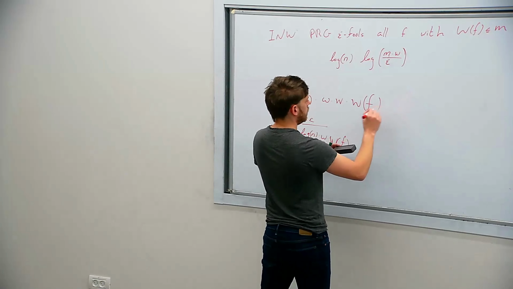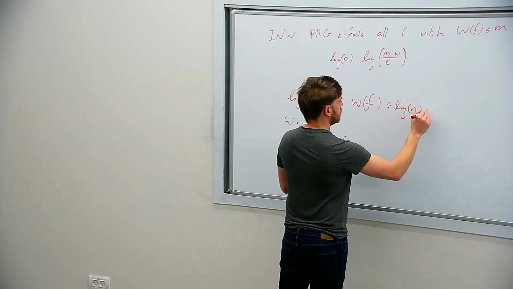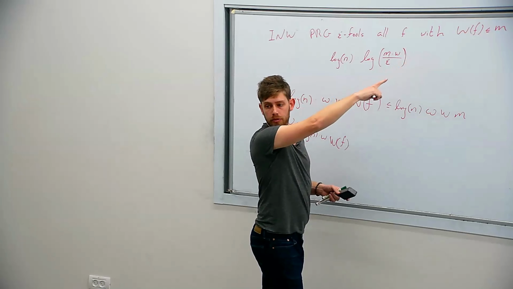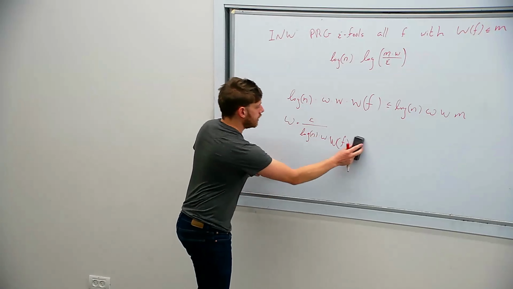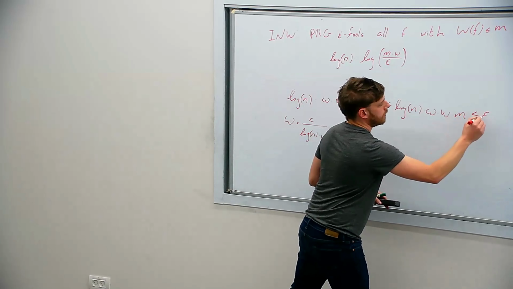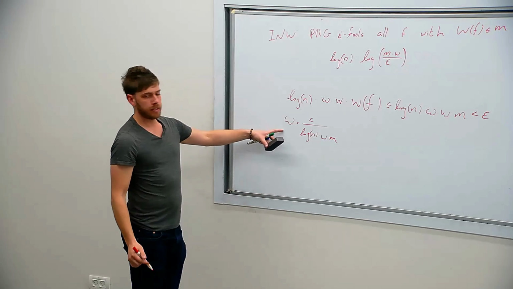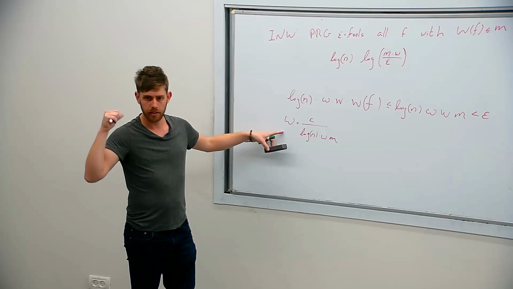Okay, let's substitute it with log n times omega times W times m, because m is an upper bound for the weight function. This is m. Okay, and now we need to choose d accordingly. D is the degree of the graph.